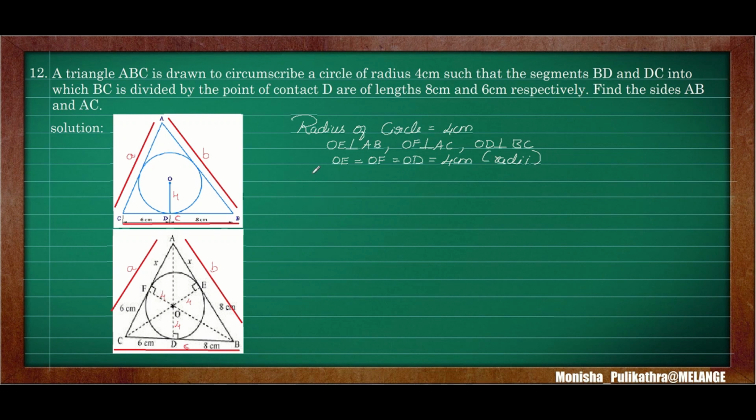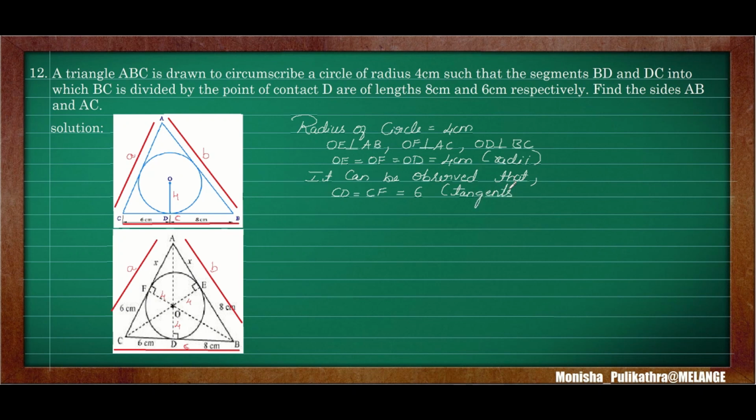So next, it can be observed that CD is equal to CF. Both are 6 because tangents are drawn.